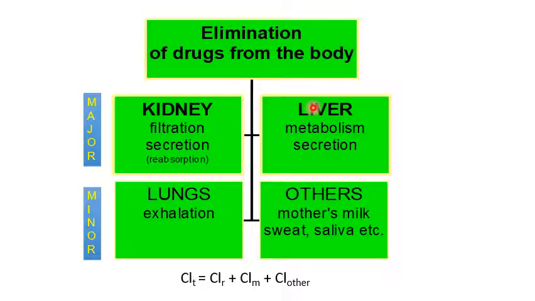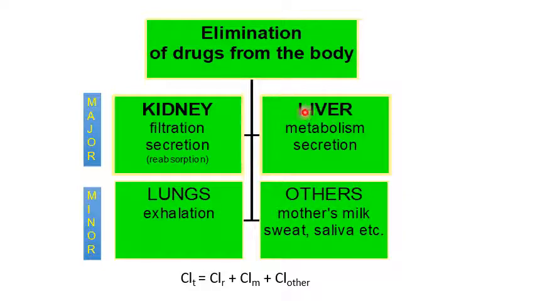Also there would be a chance for drug excretion from the lungs or by other organs like sweating, saliva, and others. The main organ for drug metabolism is the liver. Also, there's a chance for drug secretion into the bile duct and then excretion of a drug through this pathway.